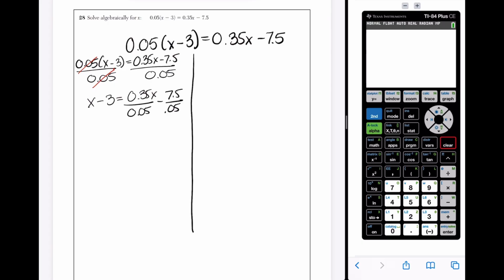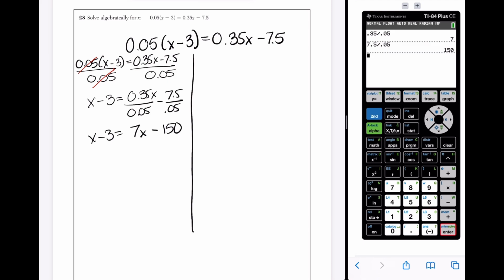And now with my calculator, I can just do 0.35 divided by 0.05 and I get 7. So x minus 3 is equal to 7x minus 7.5 divided by 0.05 and I get 150. I want you to think about how simple this looks right now.